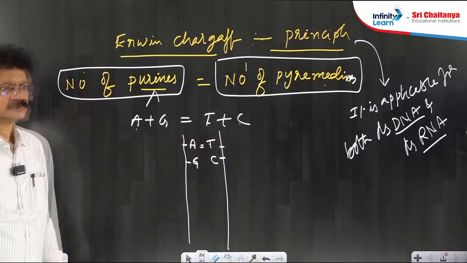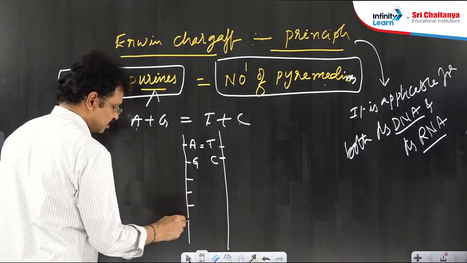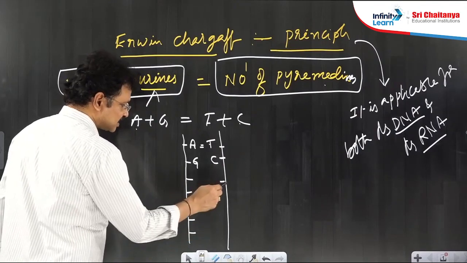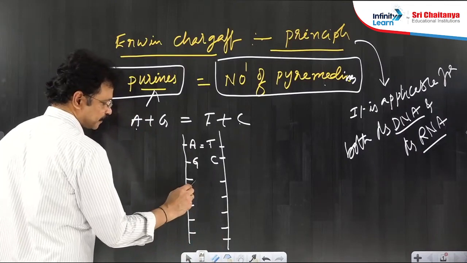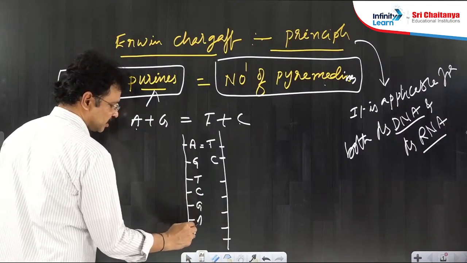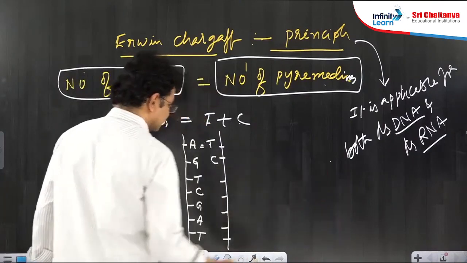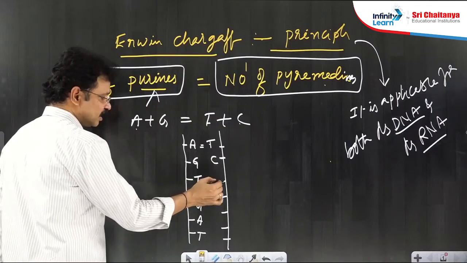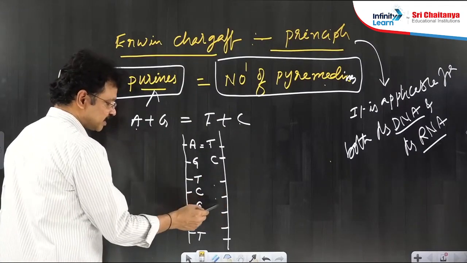Likewise, I will give a sequence of nucleotides in one strand. You have to find out the sequence of nitrogen bases in the opposite strand. T, C, G, A, T. Now tell me, what is the sequence of nitrogen bases in the second strand? Can you fill these blanks?